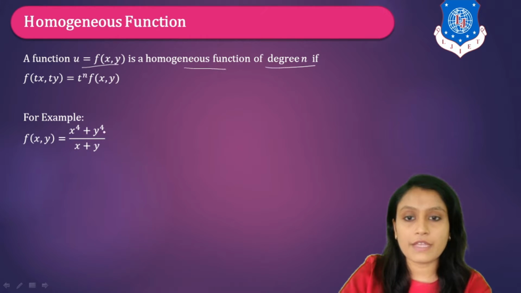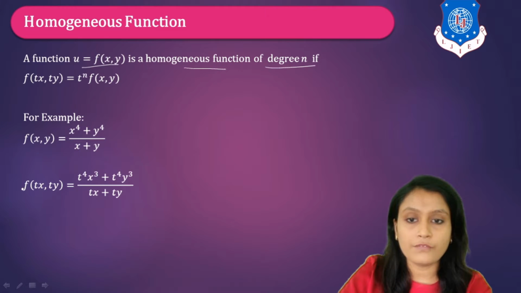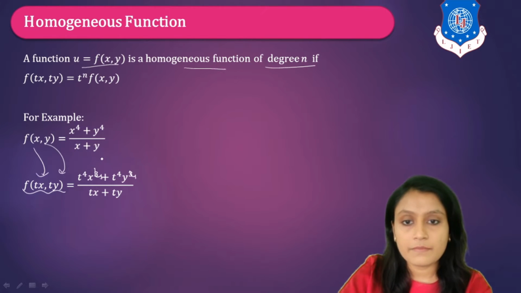Here we have f(x, y) = (x^4 + y^4)/(x + y). What we have to do is find f(tx, ty), meaning in place of x write tx, in place of y write ty. So what you will get here: t^4 x^4 plus t^4 y^4, over tx plus ty.